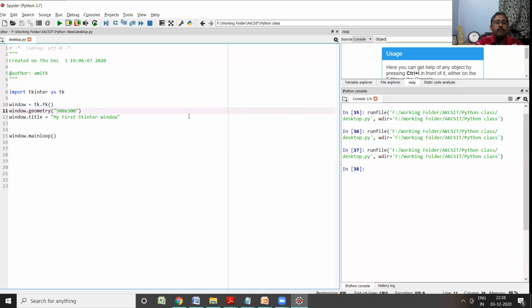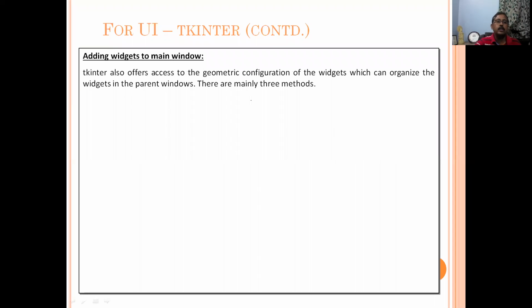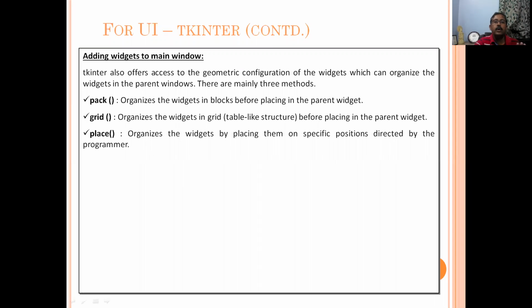Now we have to position the controls one by one. For positioning the controls, the code is very simple. There are only very few things which we have to do. But before adding the widgets, one thing we have to keep in mind is, when we place the widgets on the main window, how do we place them? It's like a proper window where we have to position the controls.